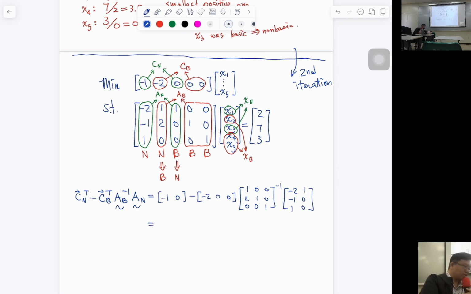Okay, then solve it. So, if I give you the same kind of problem with 3 constraints, you will have a 3x3 matrix inverse.